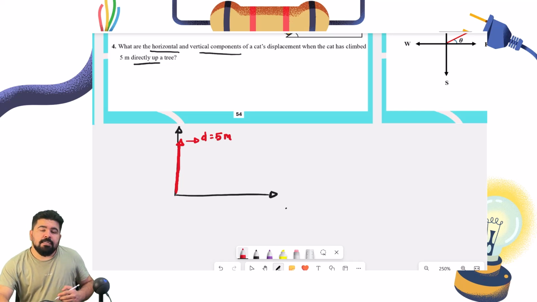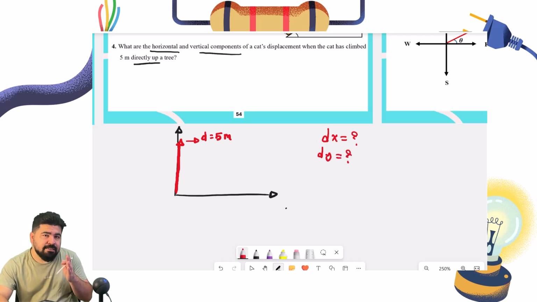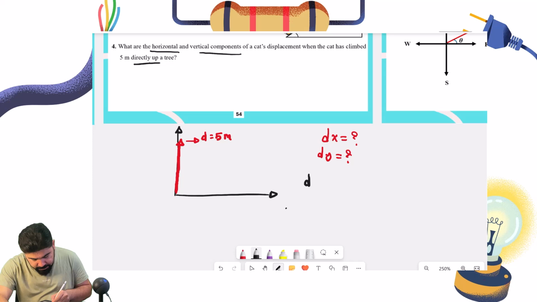Now what is the horizontal component? So it means dx is equal to what? And dy is equal to what? It's really easy. Is the cat using the x-axis to move? No. So dx is equal to 0 meters.